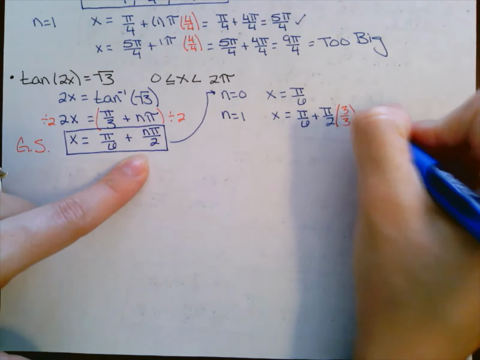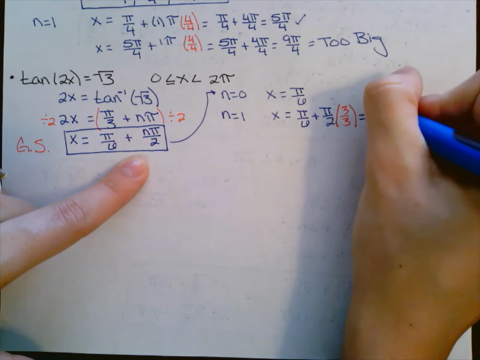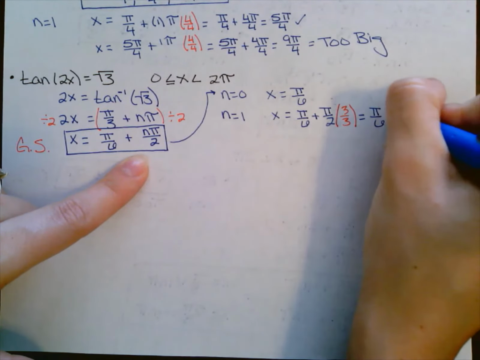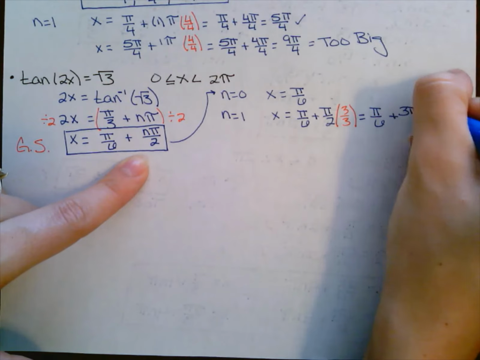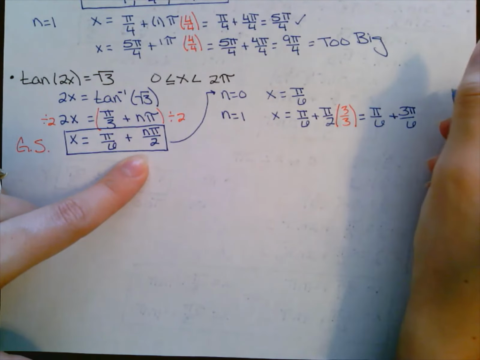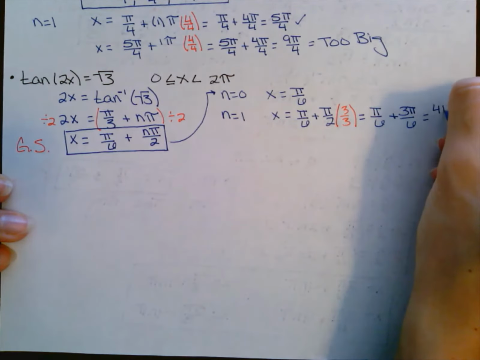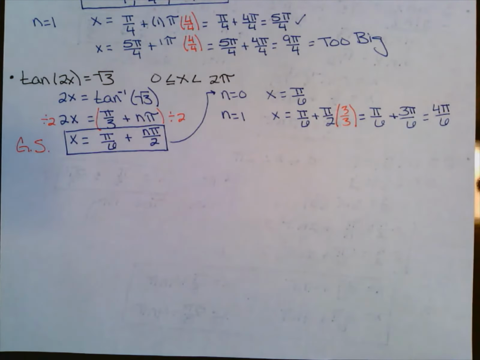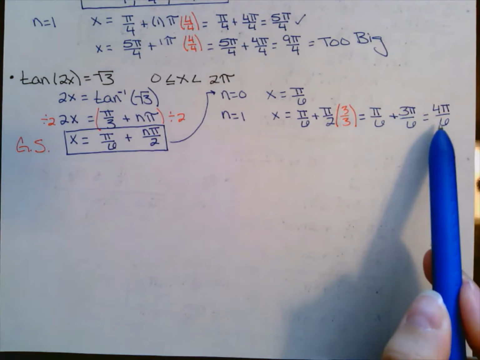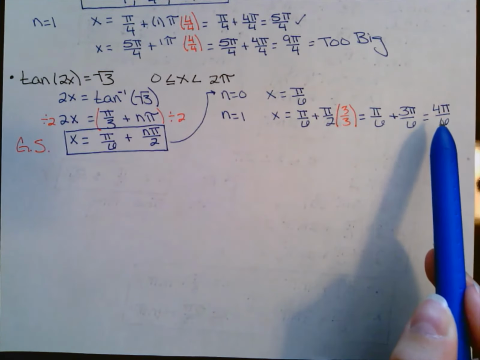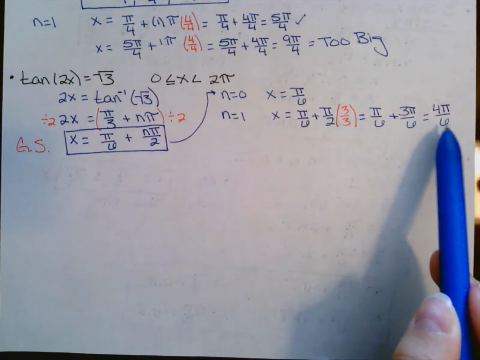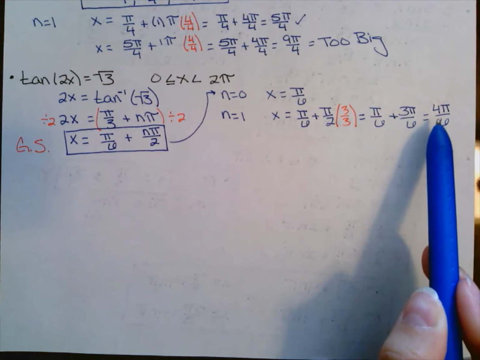And what I'm really adding is pi over 6 plus 3 pi over 6, which gets me down to 4 pi over 6. I'm going to ask you not to reduce yet. It's going to make the rest of your problem easier. Remember, you stop when you pass 2 pi. Anytime you are talking about a fraction, ignore the pi's for a second.